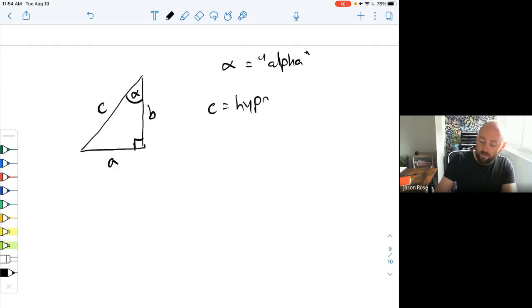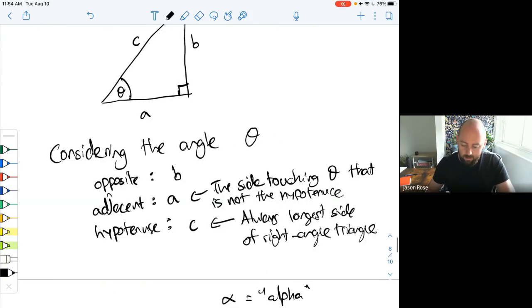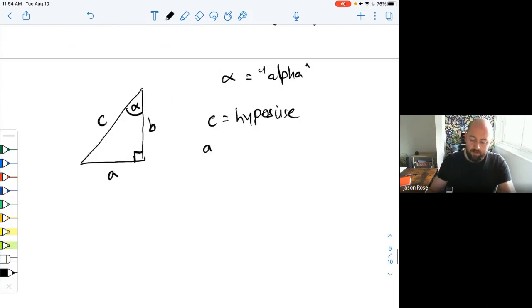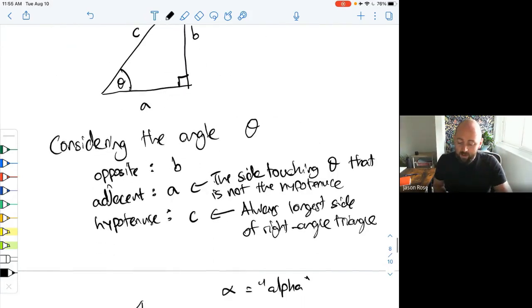It's always the longest side, the side across from the right angle. This time the opposite is A, and B is the adjacent. Last time, A was the adjacent, you can see, and B was the opposite.